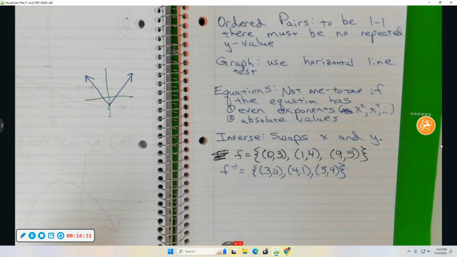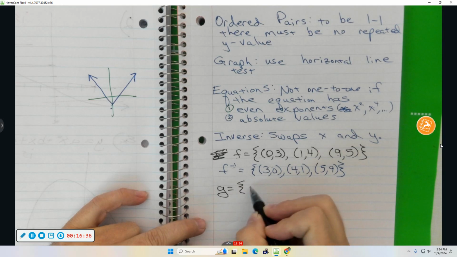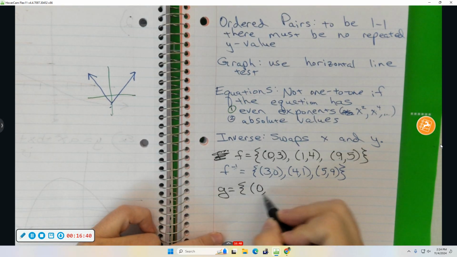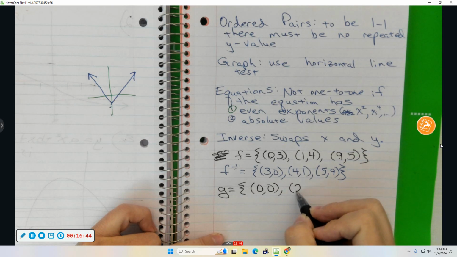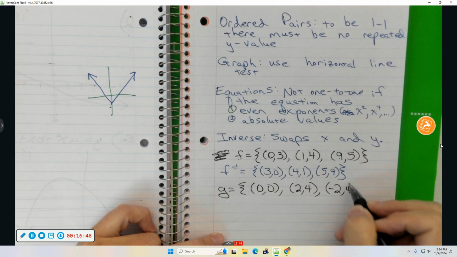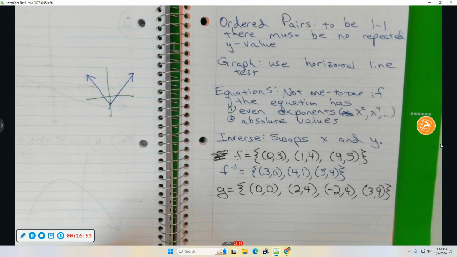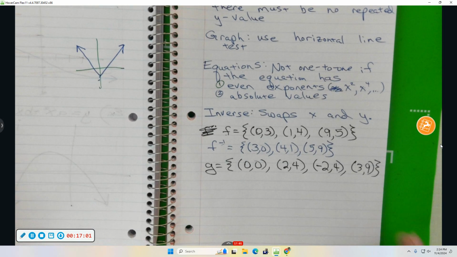Here's another one. Let's say G. G contains the ordered pairs 0, 0, 2, 4, -2, 4, and 3, 9. What would G inverse be? Which ordered pairs would be in G inverse?